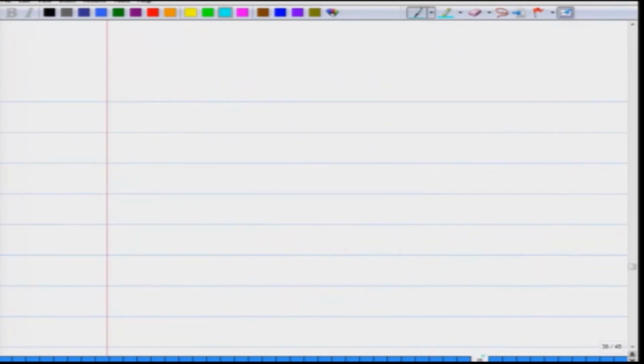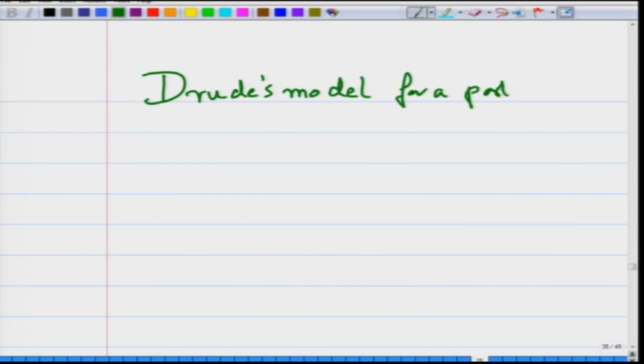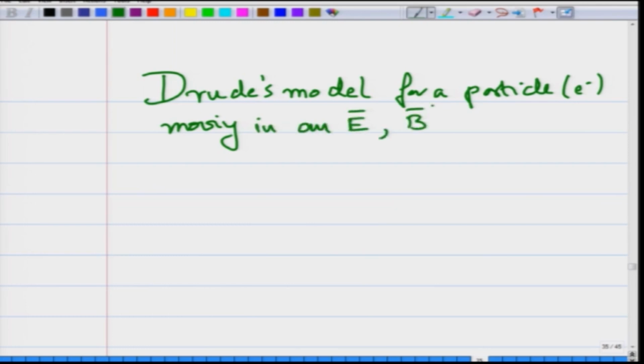For that we now go back again to the Drude's model of conductivity, and let us write down the Drude's model for a particle which is an electron out here moving in an electric field and a magnetic field.